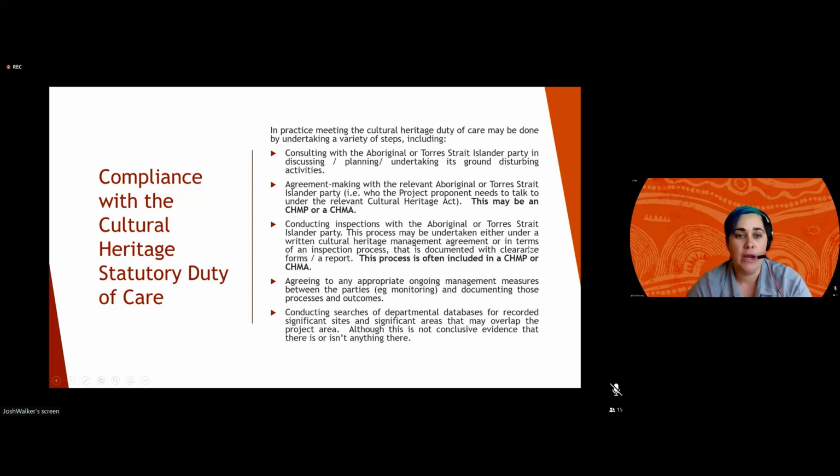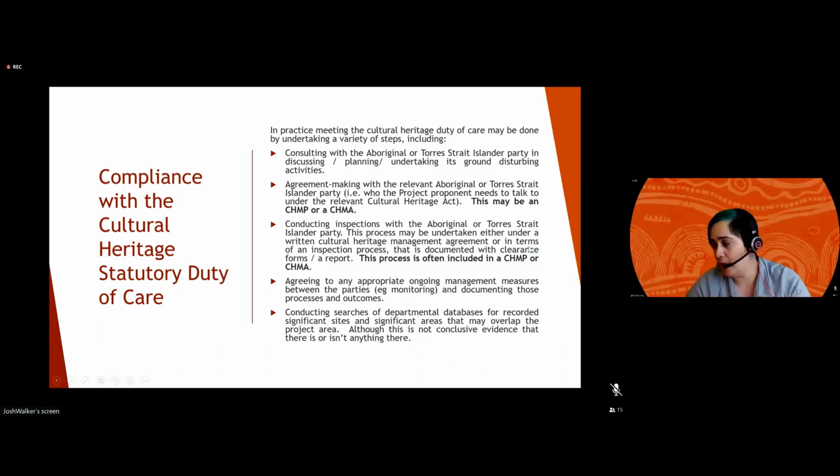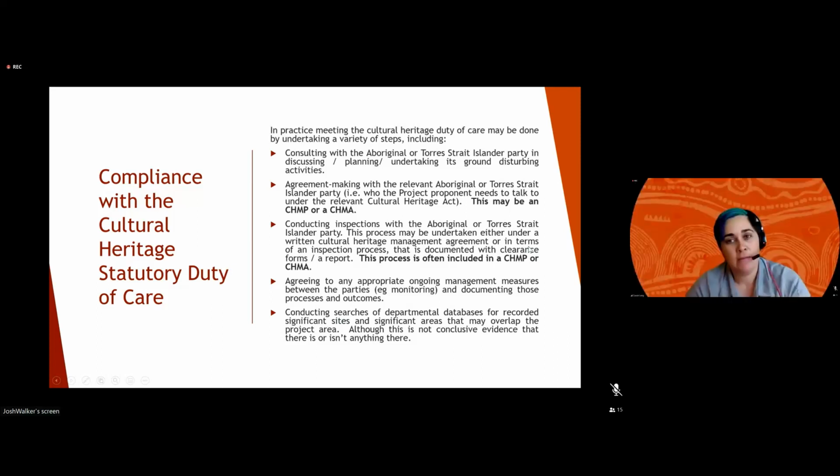So for example, I do some work with Powerlink, and we've got a project we need to connect into the system down in southern Western Queensland. Haven't done any work down there before. There's no registered claim, never has been. So I'm in the Section 35 group of people, and need to identify who has responsibility.